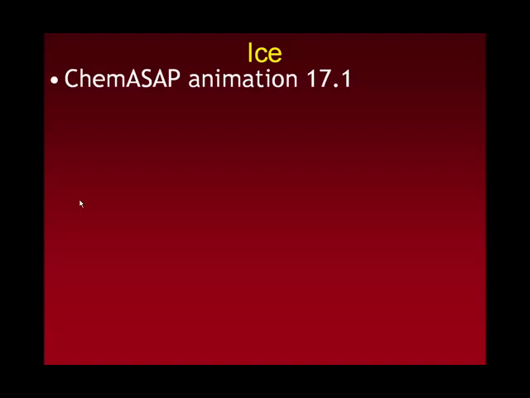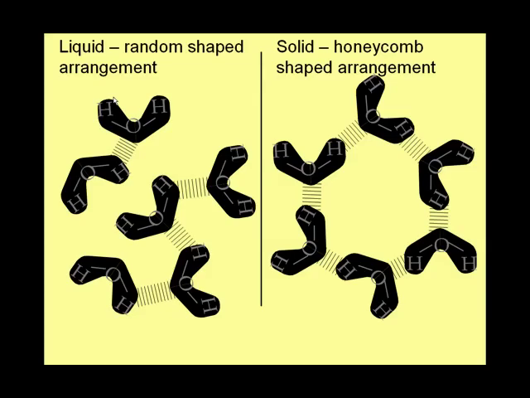Now, ice is formed because of this hydrogen bonding. Ice has a honeycomb structure. I don't have the animation here for you guys to see, but this is a representation of it. Gases have the most kinetic energy. Then liquids have more kinetic energy compared to a solid.